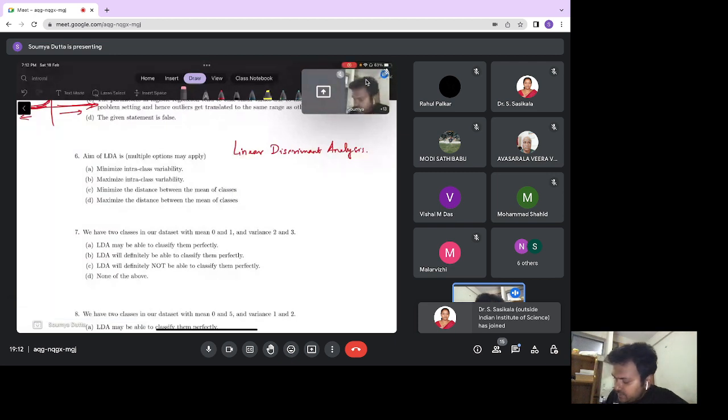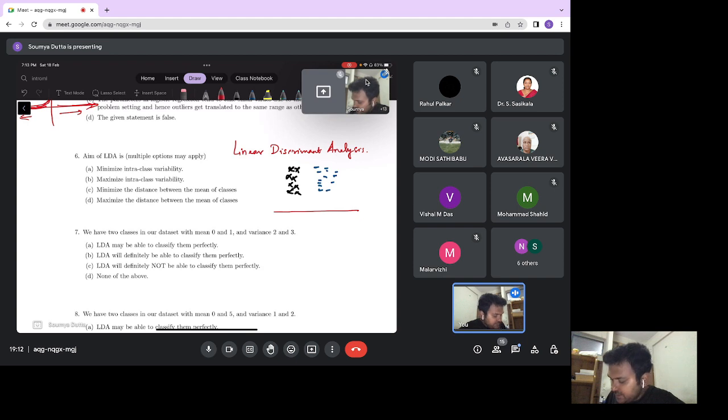intra-class variability, which means that, let's say you have two classes in your data. You have two classes like this. This is one class, let's say, and you have another class which is something like this. So what you will try to do is project this on some lower dimensional plane. So suppose you try to project this here. What you try to do is minimize the intra-class variability and maximize the distance between the means of the classes.